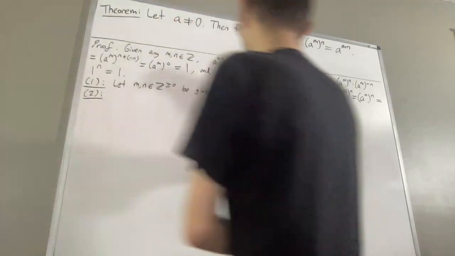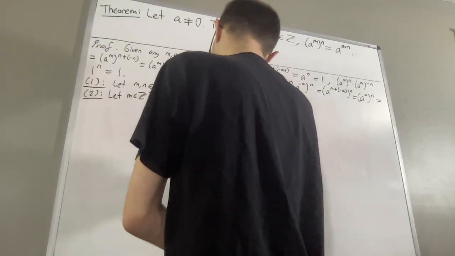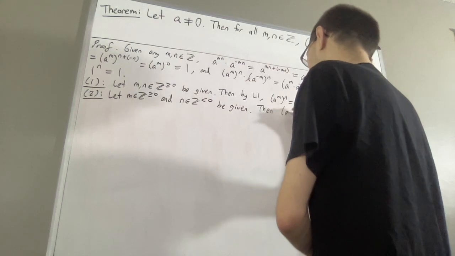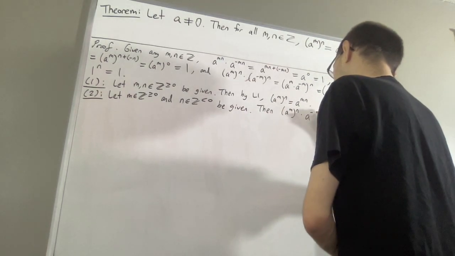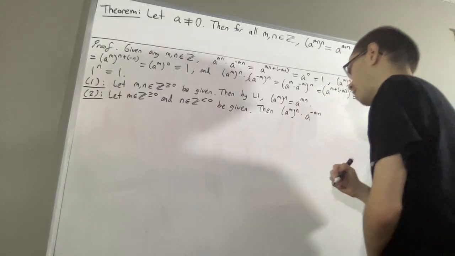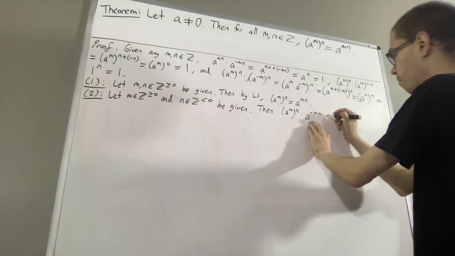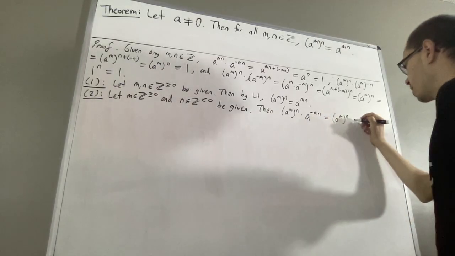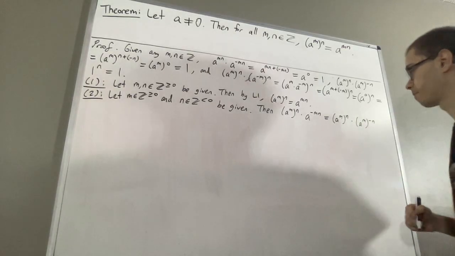Let's give ourselves an arbitrary non-negative integer m and an arbitrary negative integer n. Now the idea is we perform a to the power of m to the power of n times a to the power of negative mn. But then we can rewrite this second factor as the following. We could write it as a to the power of m to the power of negative n.